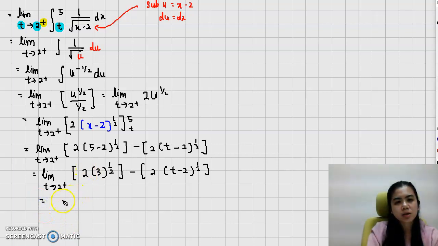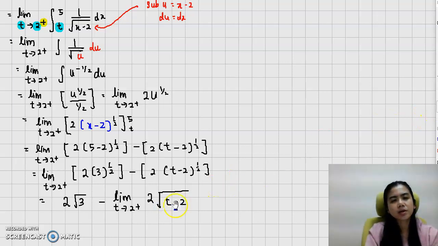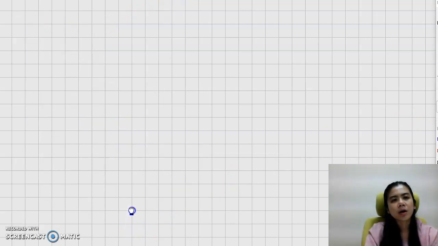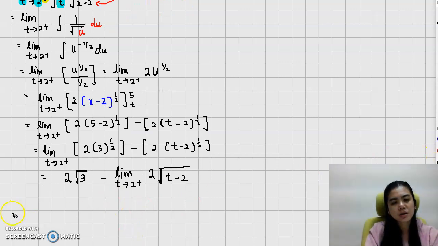So this is actually still 2 root 3. The number doesn't have any effect with the limits. We write this limit next to this term, so 2 root of t minus 2. Let's see what happens now if we do the substitution.